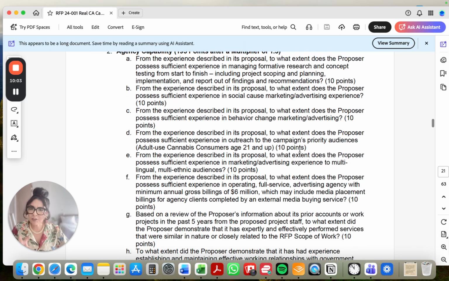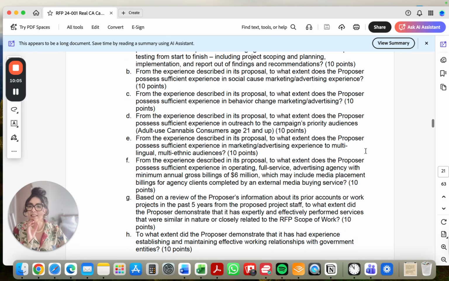And then that's the third part, instructions to offers. And then the fourth part would be going through your entire RFP and finding any outlying mandatory requirements that the evaluators are looking for that need to be input into your technical proposal.